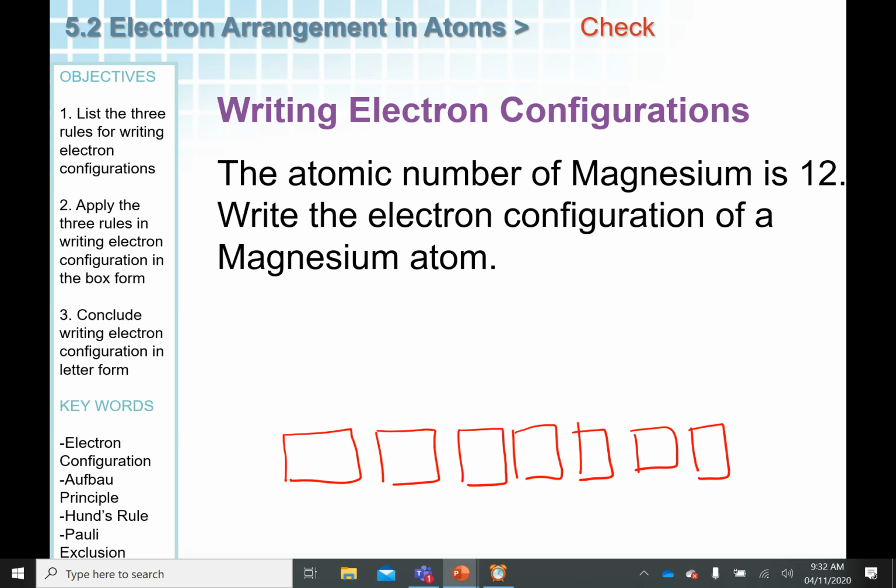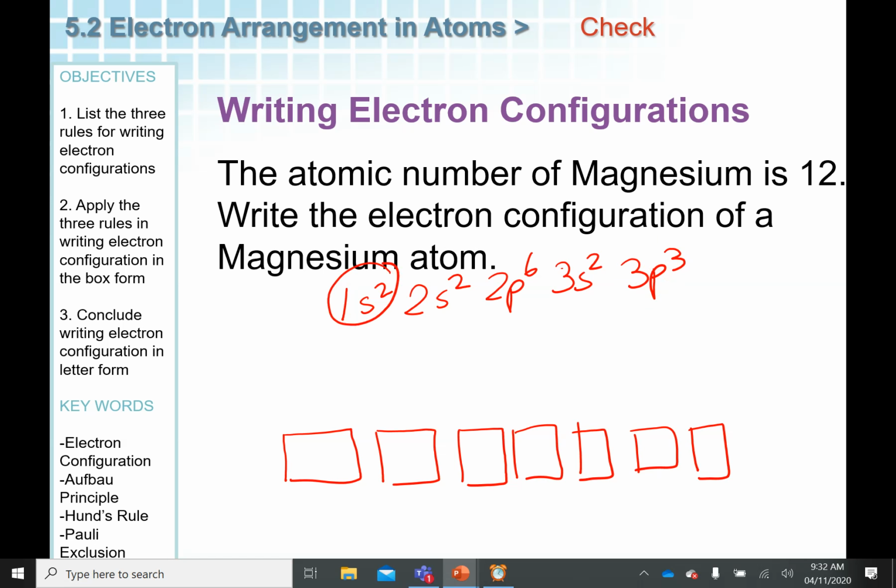Do you think you can do it? Is it easy? Let's see. Our electron configuration was 1s2, 2s2, 2p6, 3s2, and 3p3. Right? So how will we fill it?